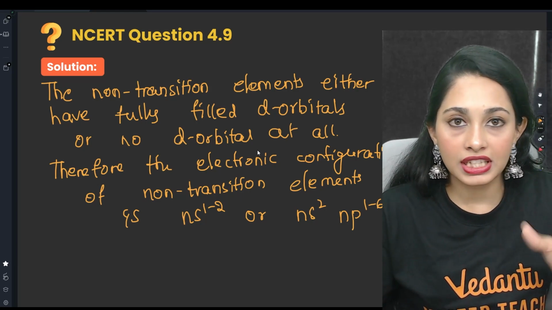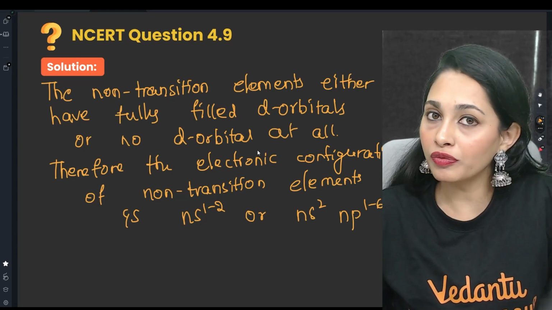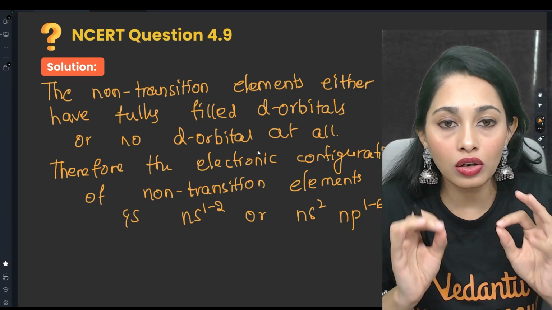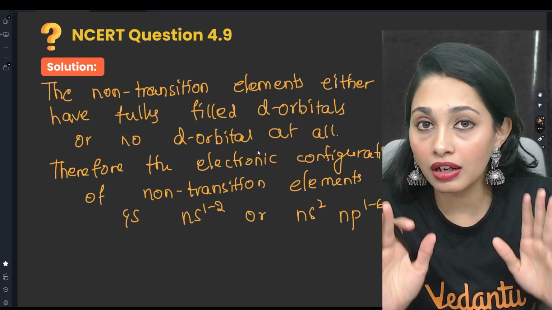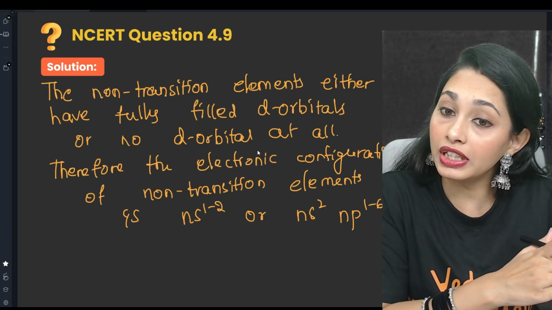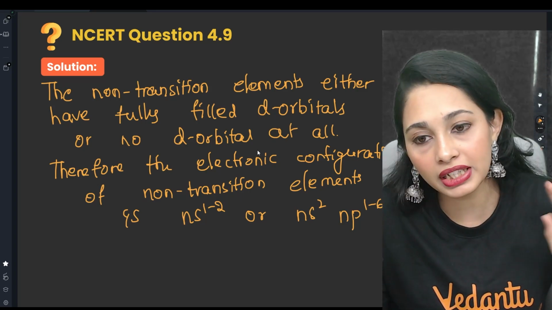Transition elements always have partially filled d orbitals, while non-transition elements either have fully filled d orbitals or no d orbital at all.